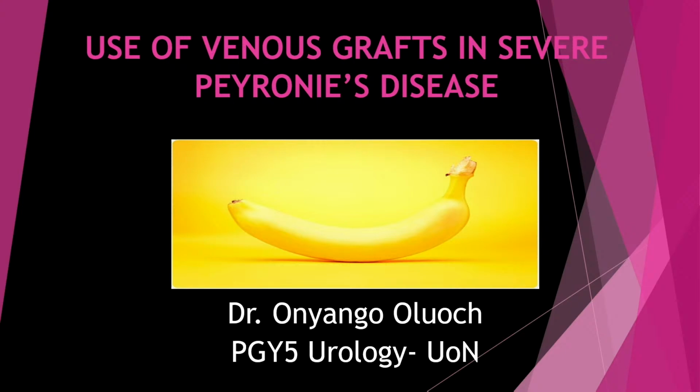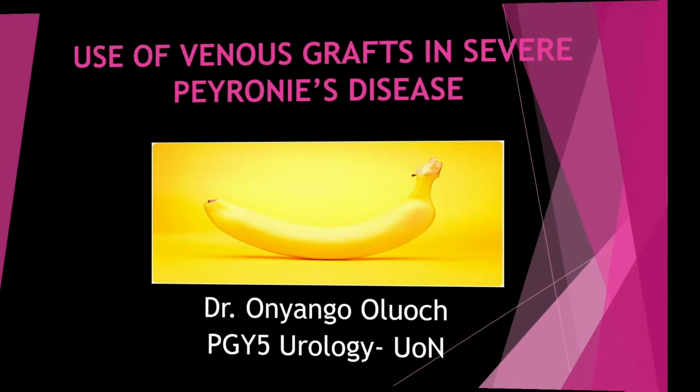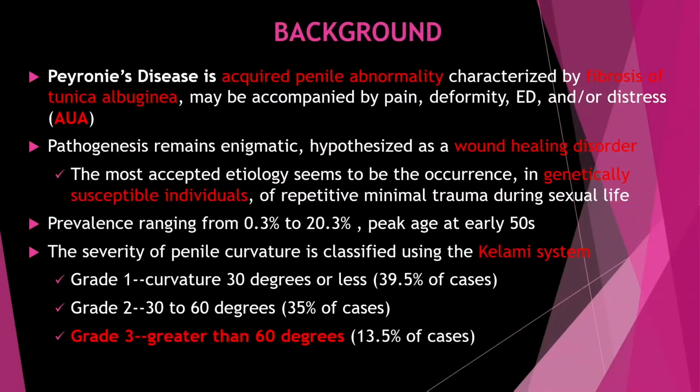So Peyronie's disease is an acquired penile abnormality that is usually characterized by fibrosis of tunica albuginea. Most of the times it is accompanied by pain, deformity, erectile dysfunction, and distress.